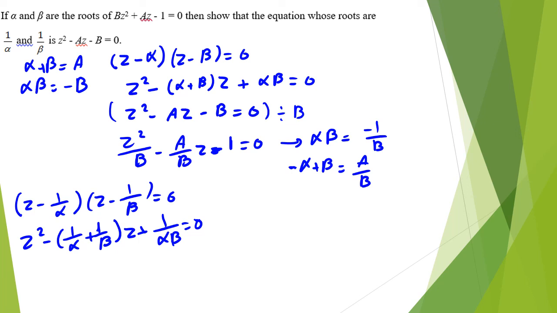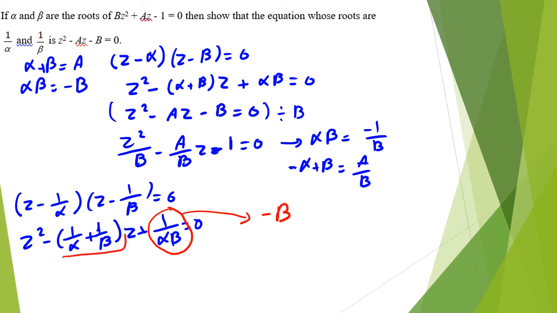So I'm going to take each term by itself. So this one here is similar. If I substitute instead of alpha times beta, negative 1 over b, this term will give me negative b.